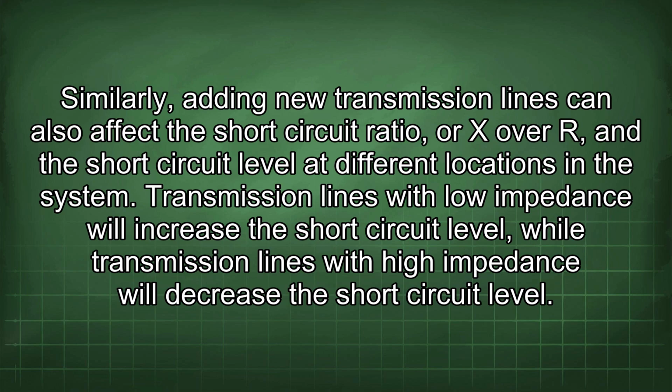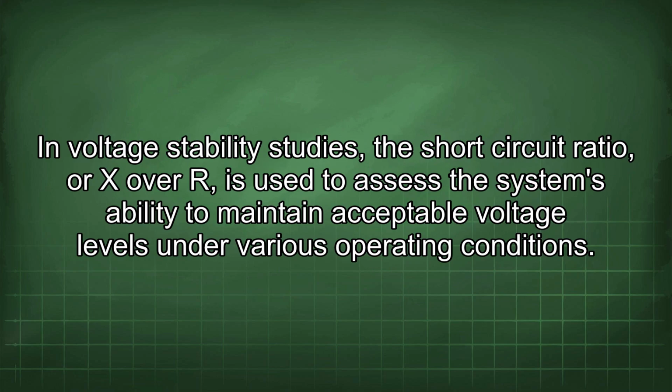Transmission lines with low impedance will increase the short circuit level, while transmission lines with high impedance will decrease the short circuit level. In voltage stability studies, the short circuit ratio, or X over R, is used to assess the system's ability to maintain acceptable voltage levels under various operating conditions.